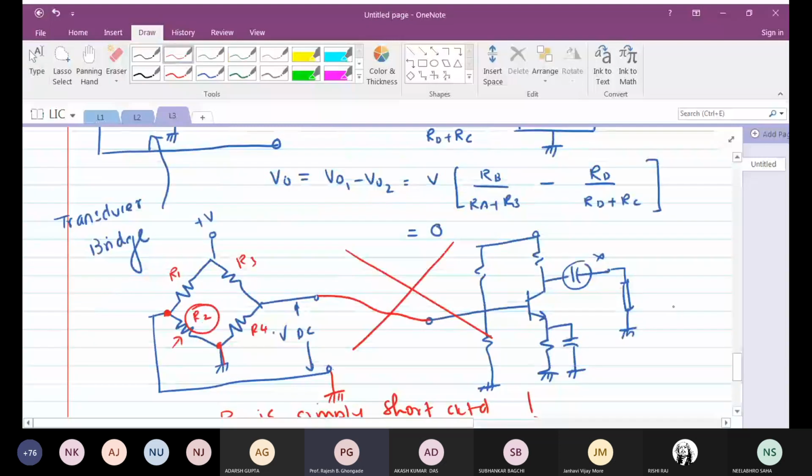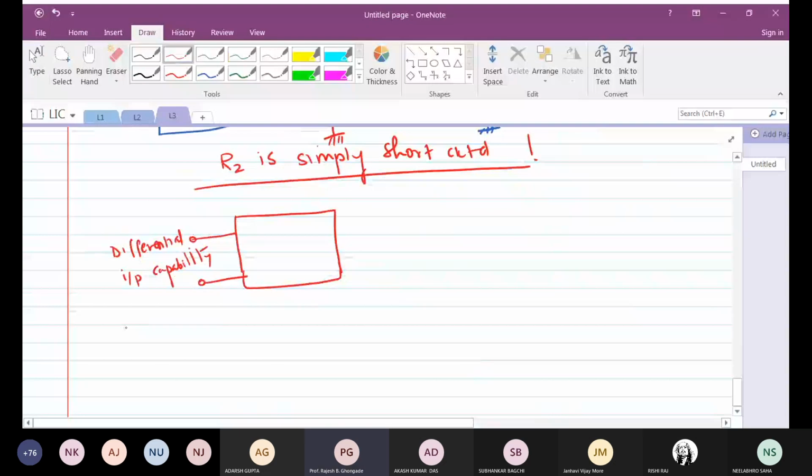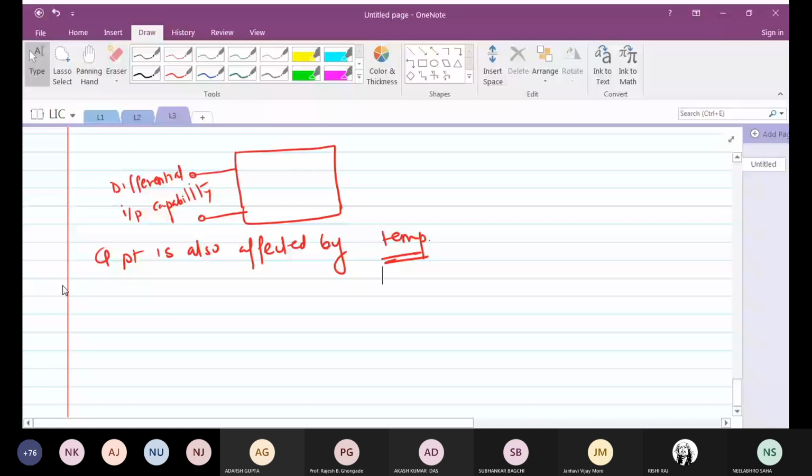So the Q point is also affected by temperature. We have already seen this. So this is another problem with common emitter amplifier.